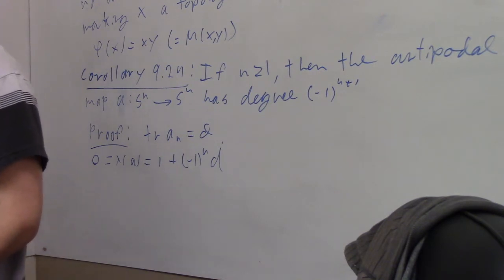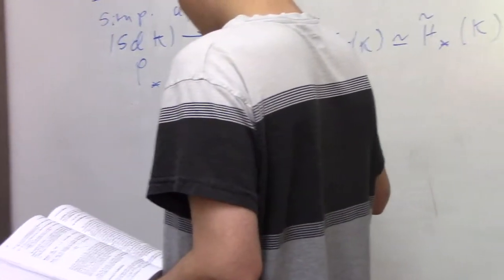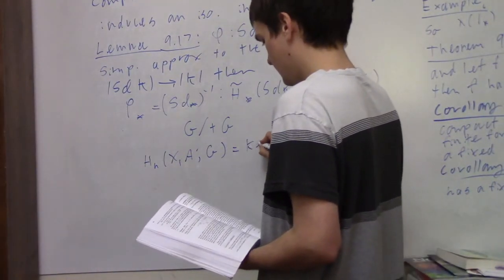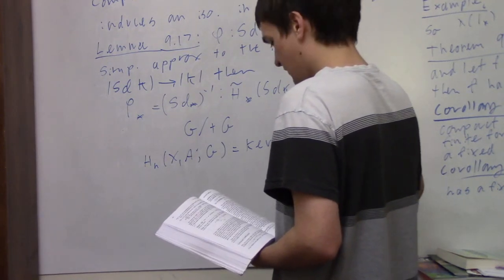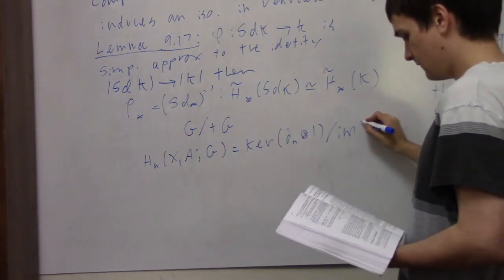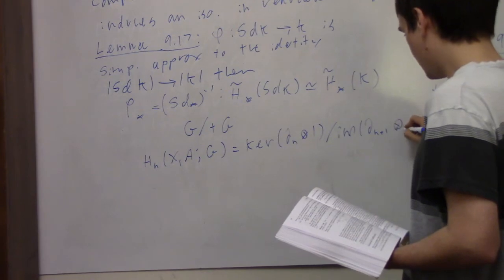He defines the nth homology group of (X, A) with coefficients G on page 257: the kernel of the differentiation map tensor the identity, modulo the image of the (n+1)th one tensor the identity.